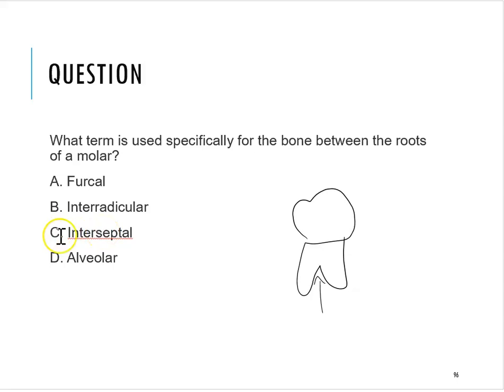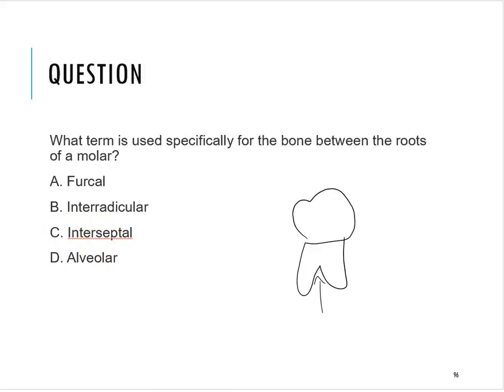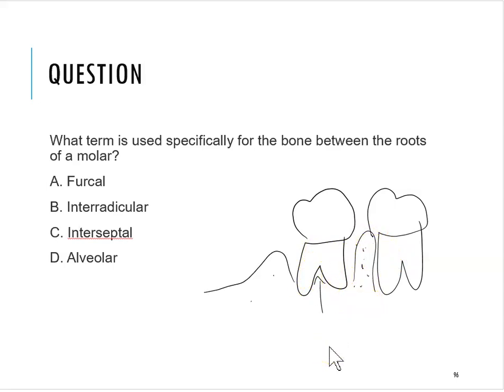Interseptal refers to the bone between the teeth. So if I had another tooth over here, the bone that's over here is known as your interseptal bone. So interradicular is right here, interseptal is the bone that is. There's bone over here, there's bone over here. So the bone between teeth is interseptal.